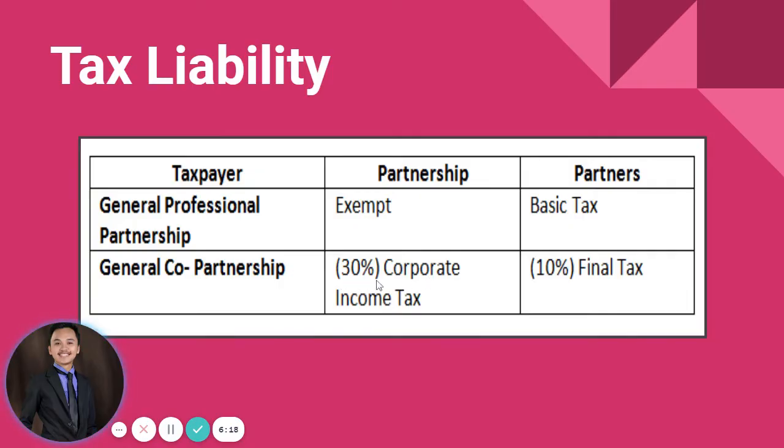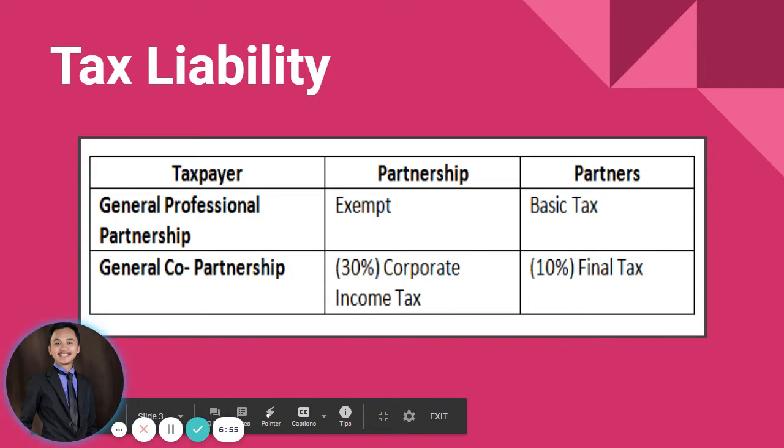Therefore, any net income of the general co-partnership will be subjected to 30% corporate income tax, while any share of the partners from the distributable net income of a general co-partnership will also be subjected to 10% final tax, as if it is a dividend received by an individual from a domestic corporation. So again, it is subject to 10%.